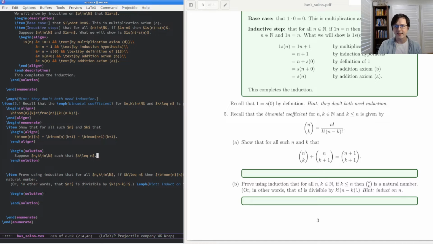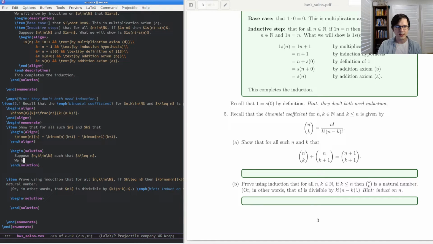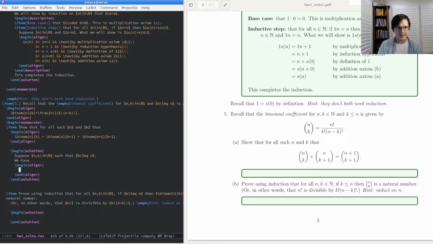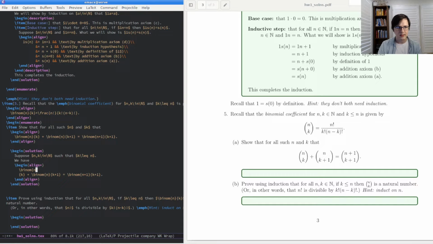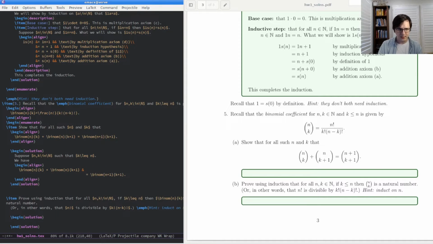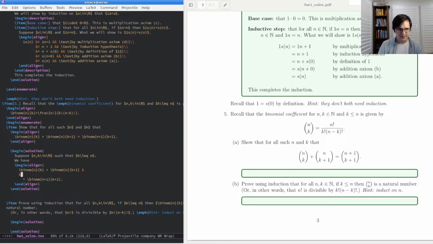Okay, so we have these numbers, and now we'll just calculate equationally. Right, so that's the left side, and we want to get to this right side.